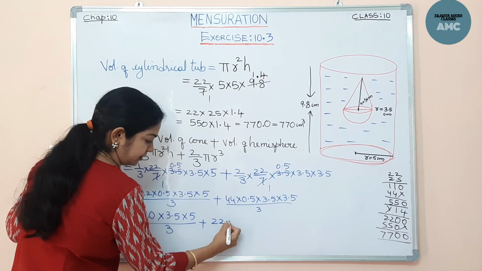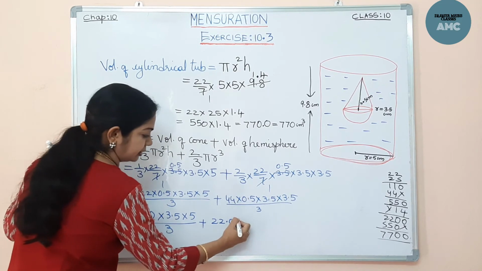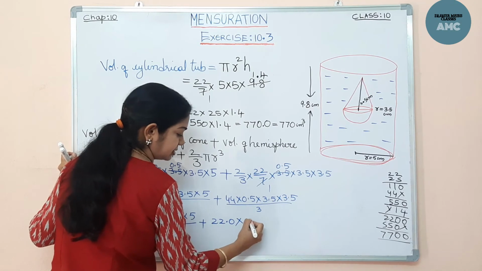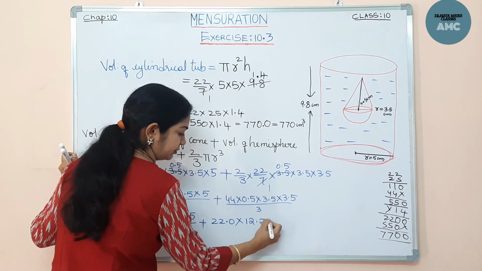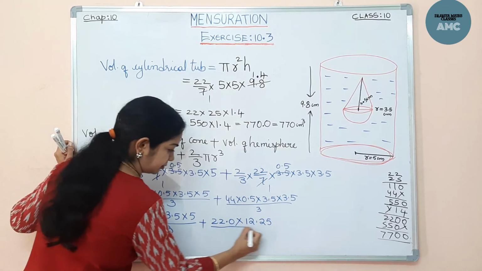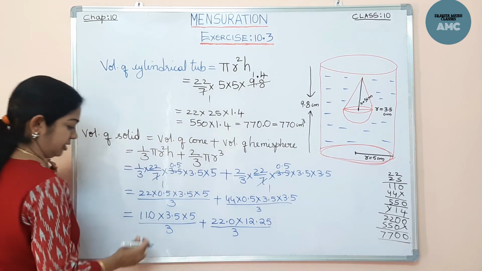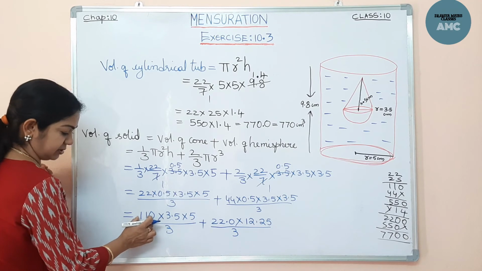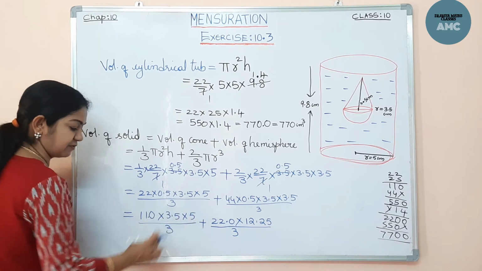So 220 means 22.0 into 3.5 into 3.5, that is 12.25, by 3. We will do this. This is 11.0, that means simply 11. 11 into 5 is 55.